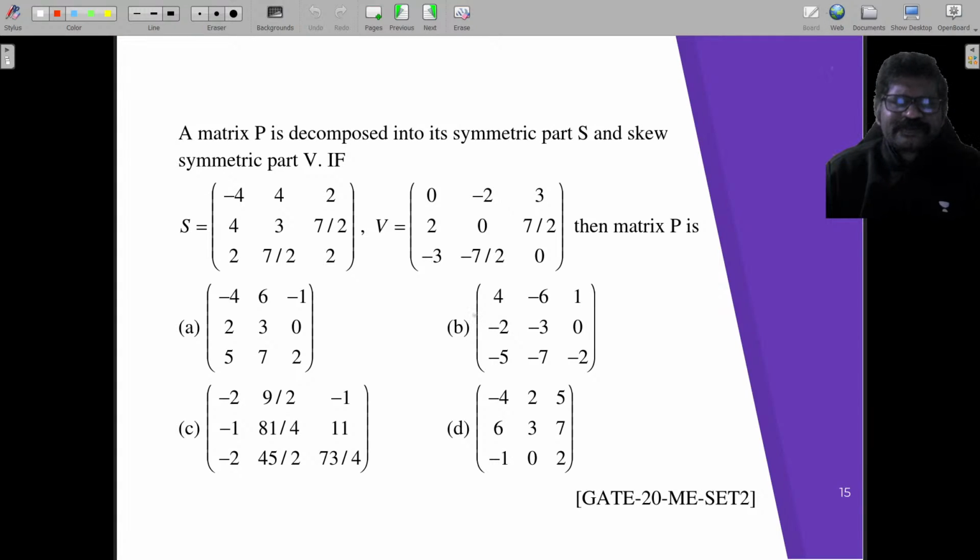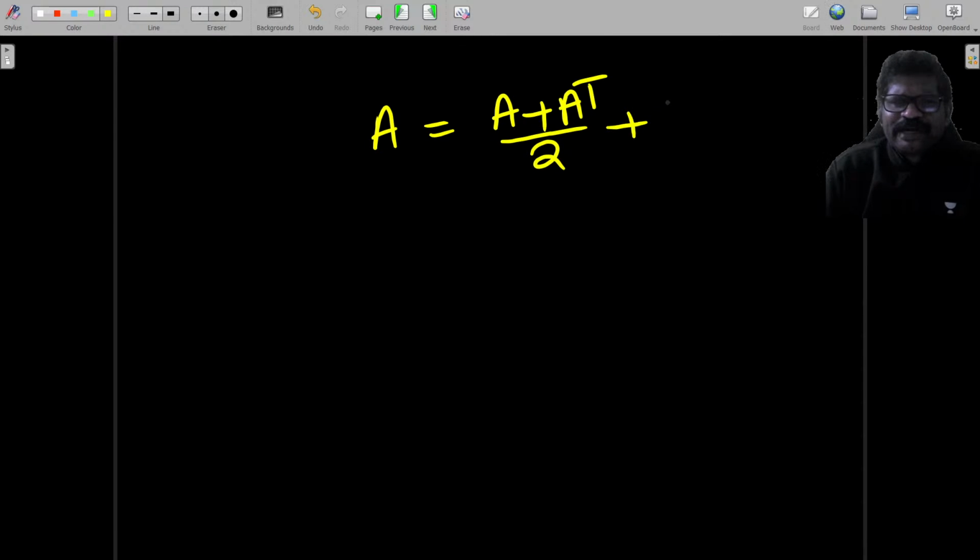Next problem. Matrix P is decomposed into its symmetric part S and skew symmetric part V. If S and V are provided, then find matrix P. We have one theorem: every square matrix can be expressed as the sum of symmetric and skew symmetric matrices.